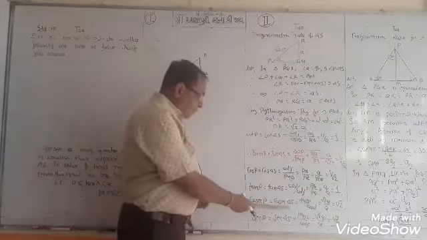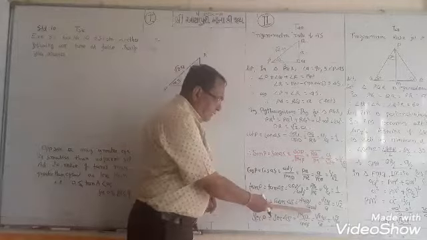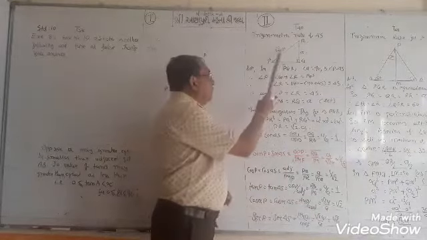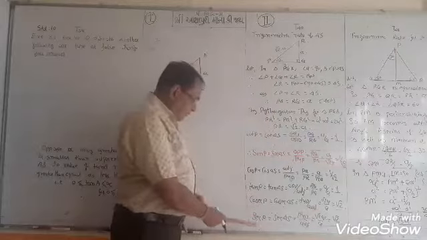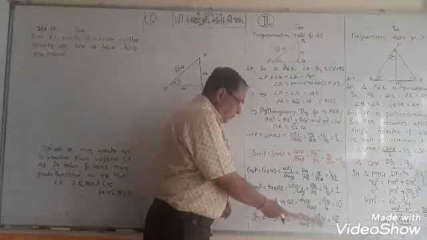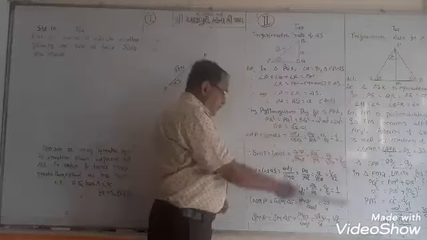Cosec P, hypotenuse upon opposite, root 2 A upon A, root 2.